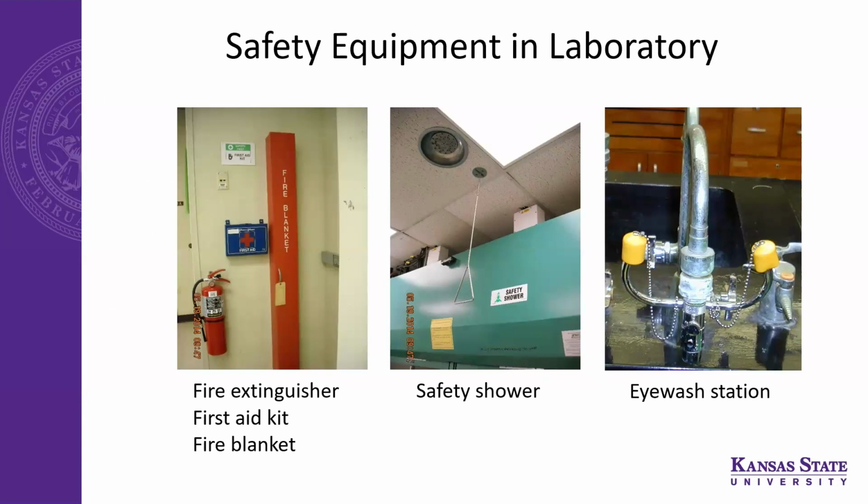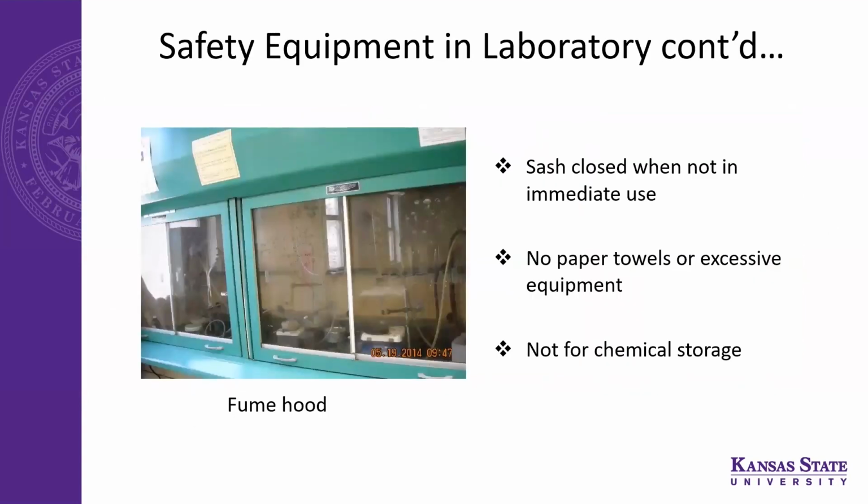We have the fire extinguisher, the first aid kit, and the fire blanket to be used in case of a fire. Then we have the safety showers and the eyewash stations, and also the fume hoods. Those are the main safety equipment in a chemistry lab.